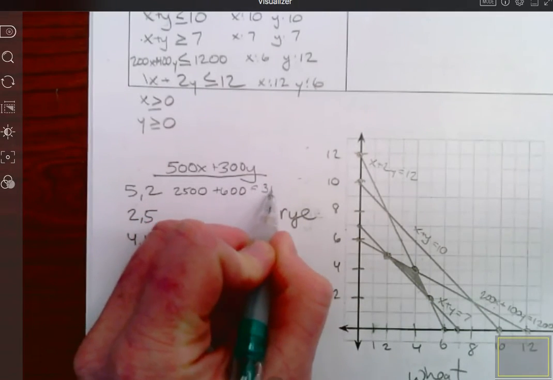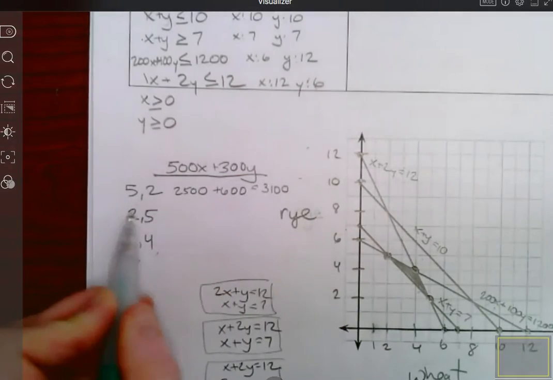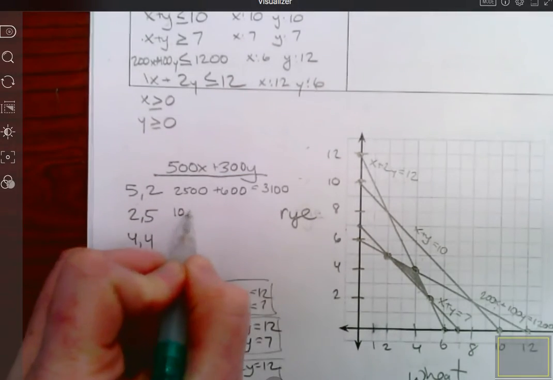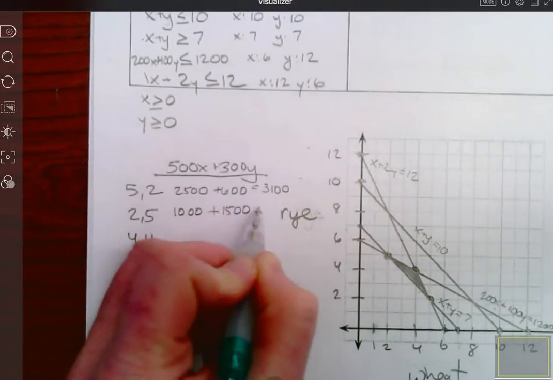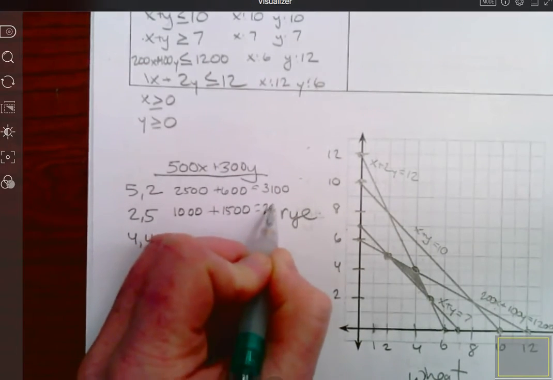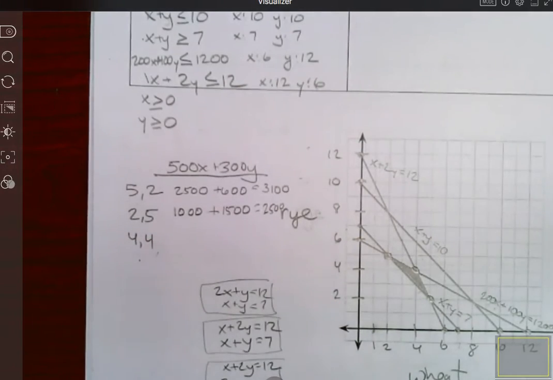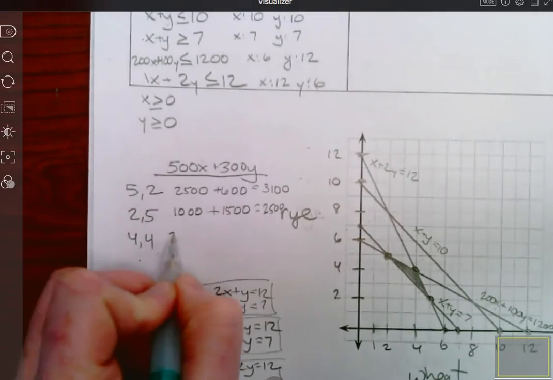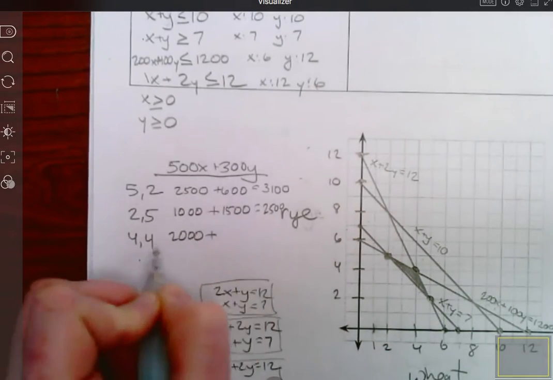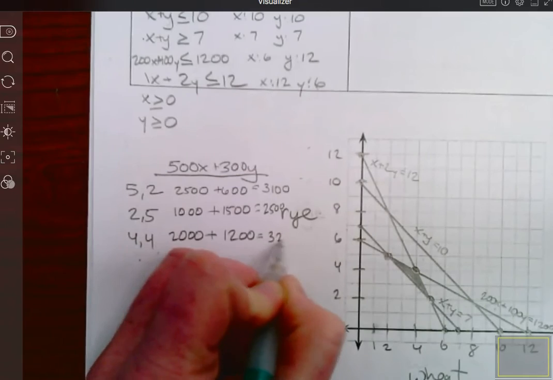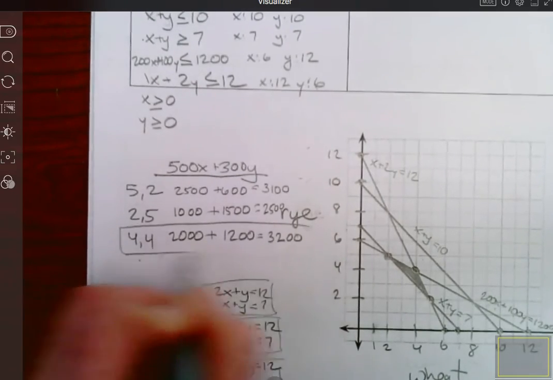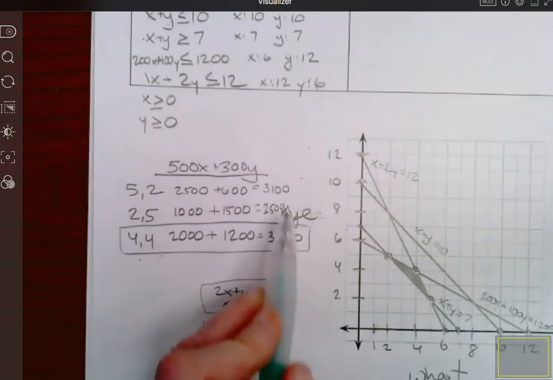So that's 3,100. This is going to be 1,000, and 5 times 300, 1,500. So it's definitely not that one. Okay. 4 and 4. Let's see, 2,000 and 1,200, 3,200. There's our maximum profit. Okay, just by $100.